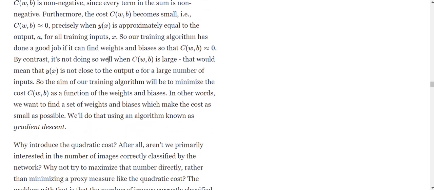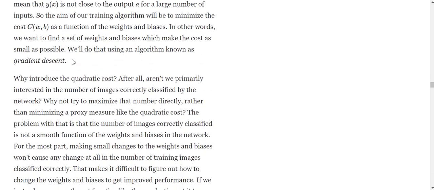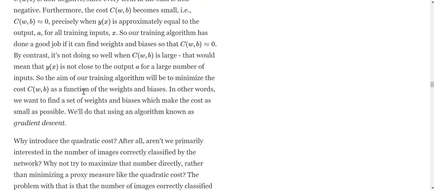And vice versa, if the cost function is large, then it means that the predicted and the actual outputs are not at all similar for a large number of inputs, and hence the training algorithm will have to work again and try to optimize the weights and biases. And so this seems simple, right?